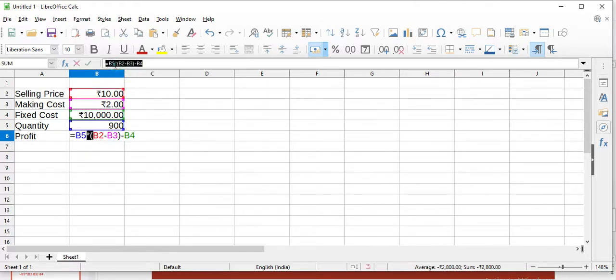You can see here, this is the profit formula. Here B5 is according to the price cell, you can change it. It can be B1, it can be B2, whatever is there according to your cells you can change it.